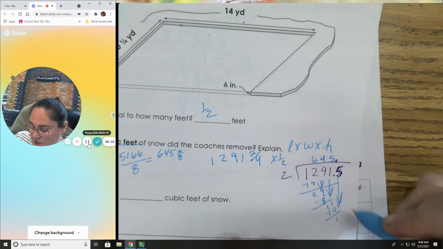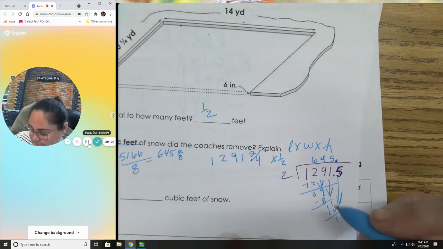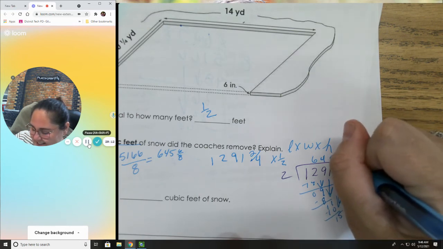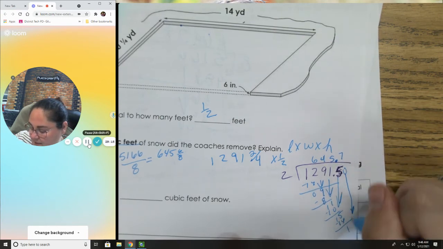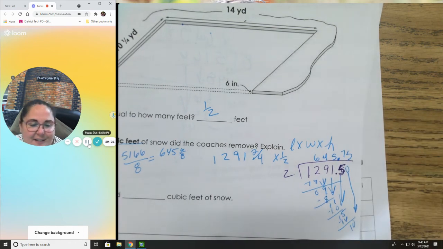Bring up my decimal. 2 goes into 15 how many times? 7. 7 times 2 is 14. 1 left over. Remember, you can add a 0, bring it down. 2 goes into 10 5 times.